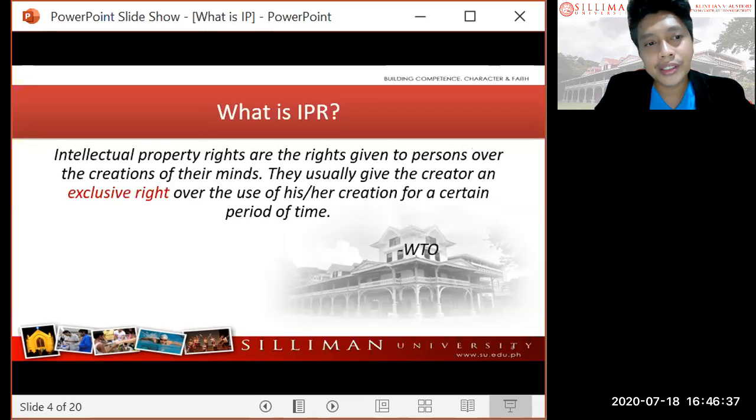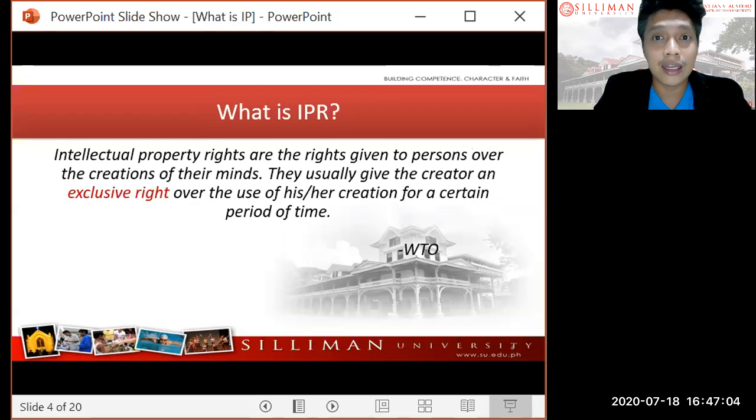So the next question is, how do we protect our IPs from other people who may benefit from our hard work and ingenuity? So this is where intellectual property rights come in. By definition, from the World Trade Organization, WTO, intellectual property rights are the rights given to a person over the creation of their minds.